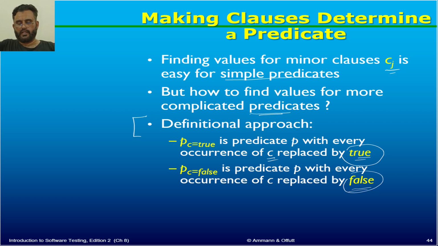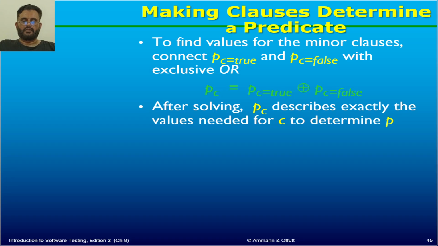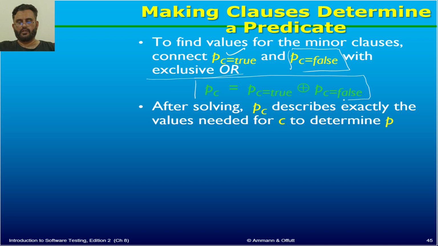Then what do we do next? To find values for the minor classes, we connect P_C=true and P_C=false with an exclusive OR. This is the main formula which we are going to use to find the values of minor classes to make a specific class active. In this case, C is the class which we want to make active.